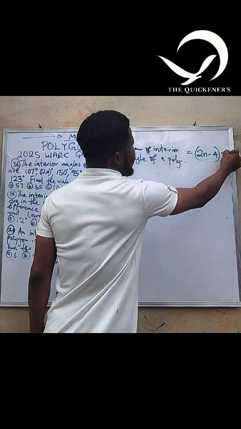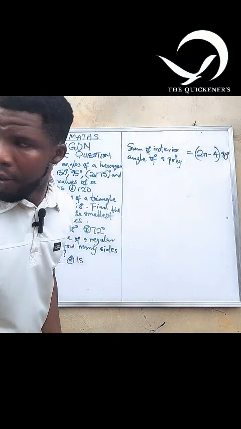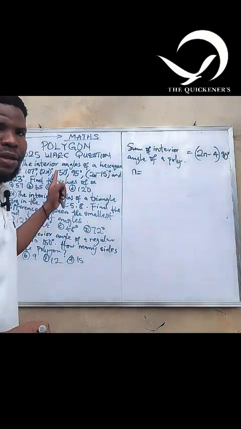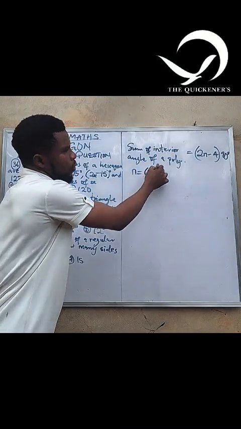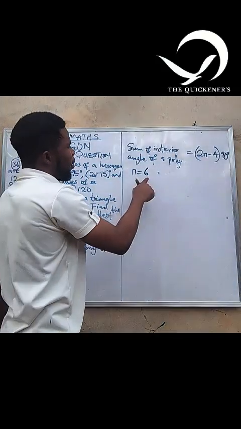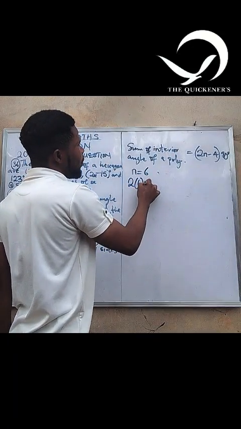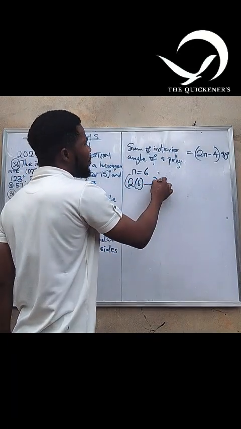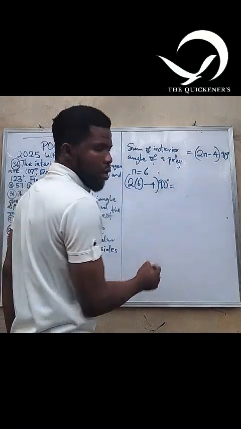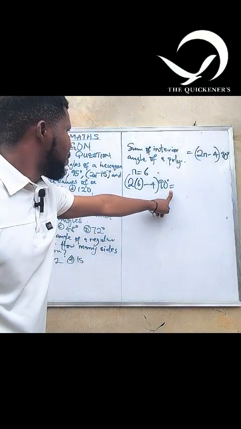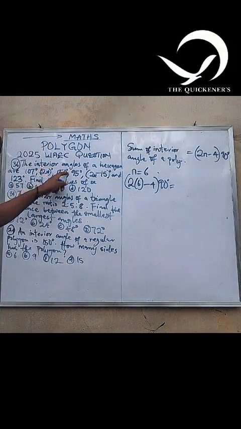Then 90 degrees. You remember that, right? Now the number of sides for this one is hexagon, that is 6. So when we put 6 here, that will be 2 times 6 minus 4 multiplied by 90 degrees, equal to the sum of all these angles.